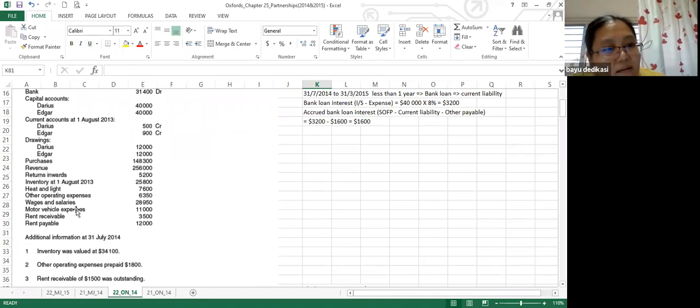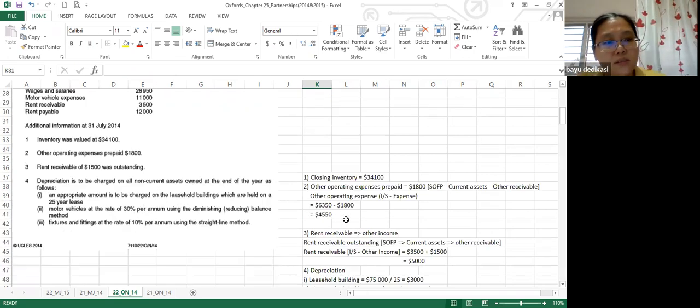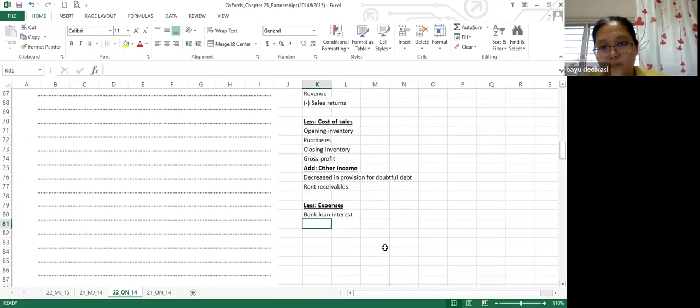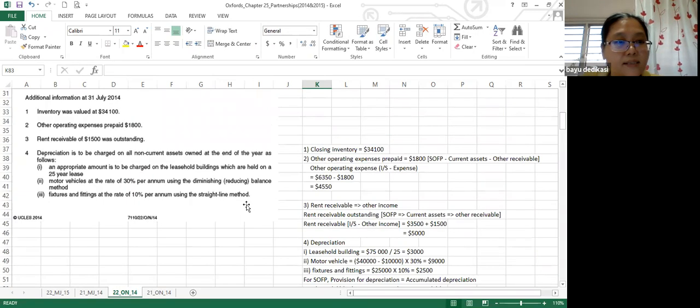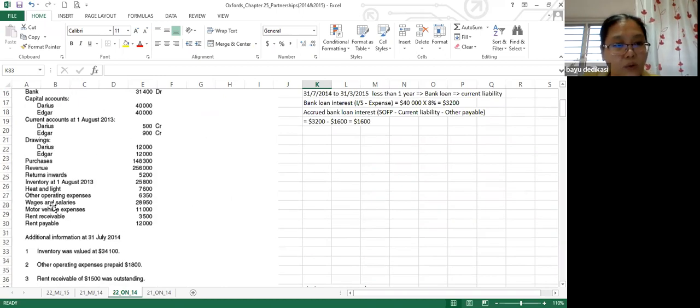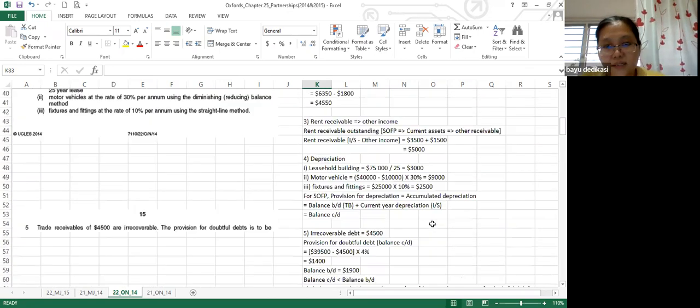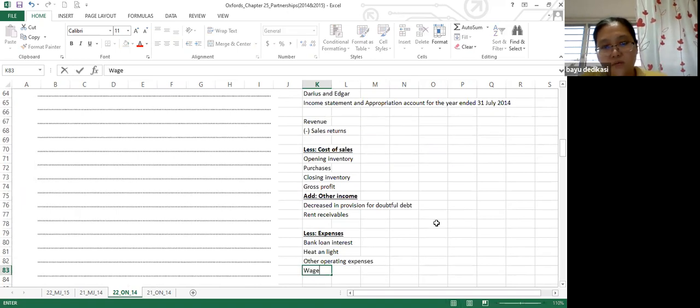And then you have heat and light, other operating expenses. And then next is wages and salary, motor vehicle expenses.